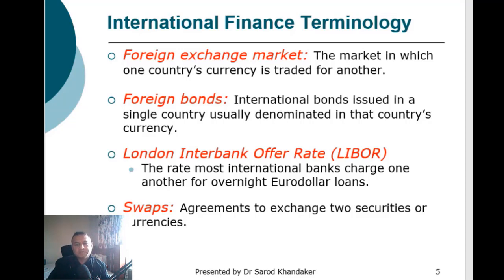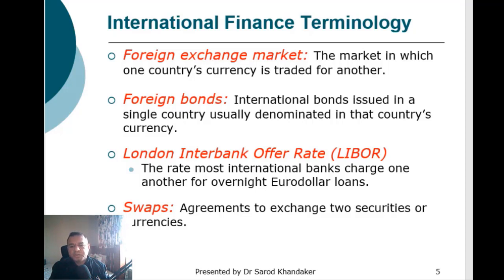Foreign exchange market is basically the market in which one country's currency is traded for another. A foreign bond is an international bond issued in a single country, usually denominated in that country's currency.